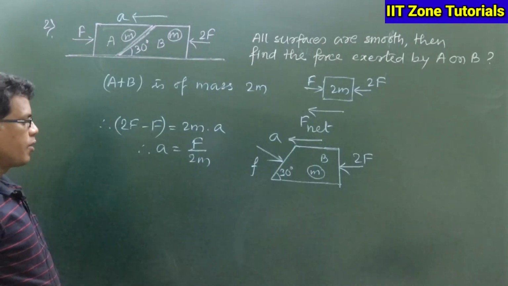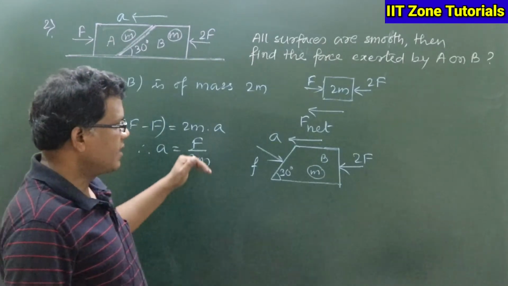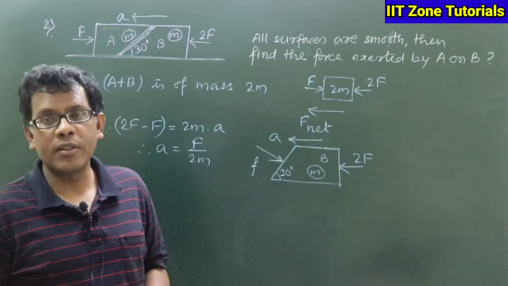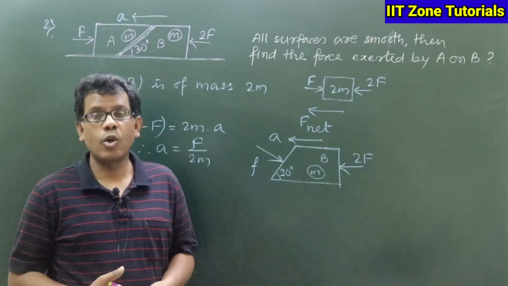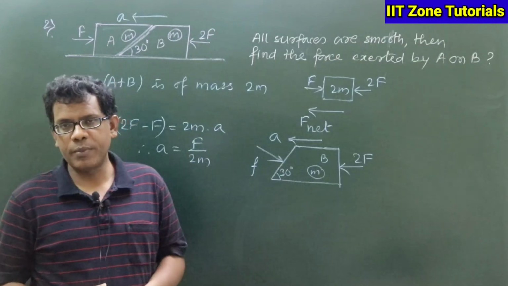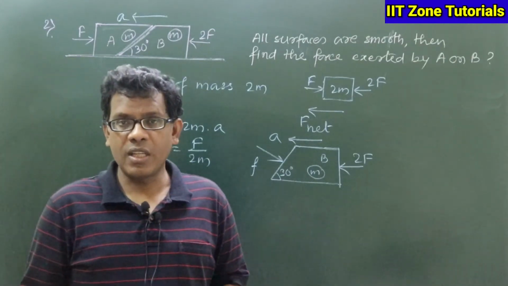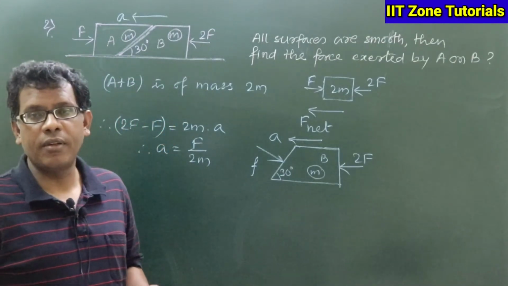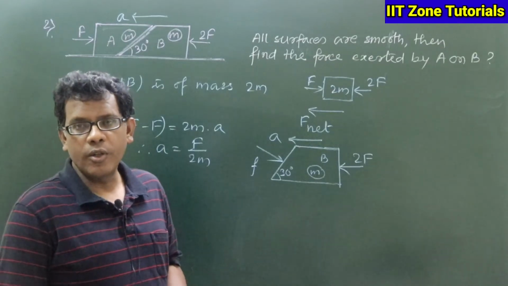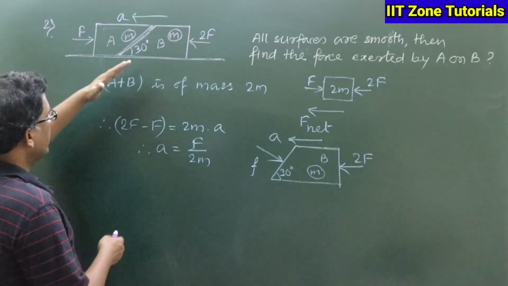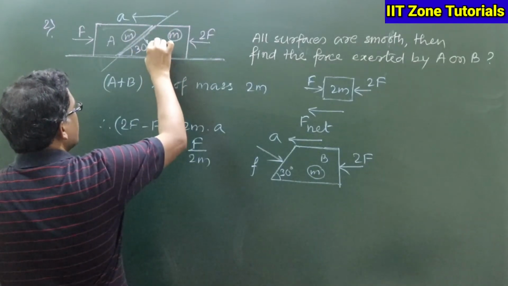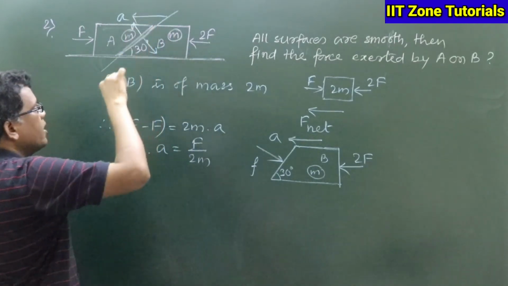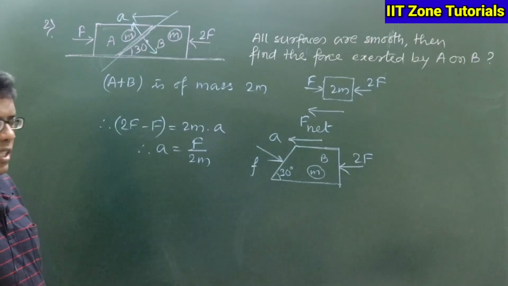But the force exerted by A on B, as I told you in the previous class also, contact force should always be perpendicular to the surface of contact irrespective of the direction of motion. Since the contact surface is this one, the contact force by one on the other will be along the line perpendicular to the surface of contact.